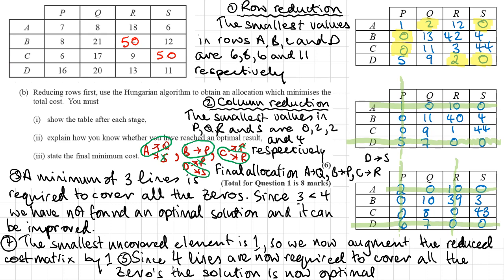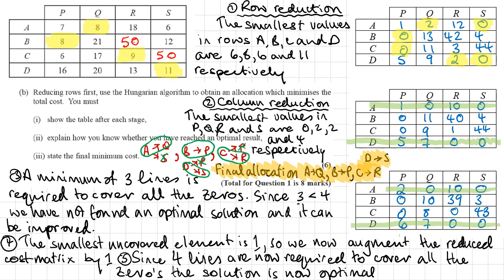The next thing that I need to do is to work out what the cost of those allocations are. So going back to my original cost matrix here, A allocated with Q is a cost of 8, and then B with P, that's also a cost of 8. C with R is a cost of 9, and D with S is a cost of 11.